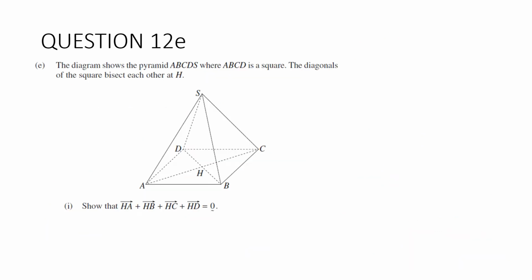12e. The diagram shows the pyramid ABCDS. ABCD is a square. The diagonals of the square bisect each other at H. Show that the vectors HA plus HB plus HC plus HD equals 0. So what do we know here? We know that HA is the same vector as CH, and we know that the vector HB is the same vector as DH.